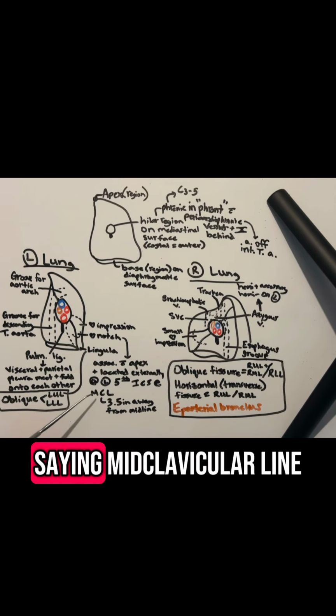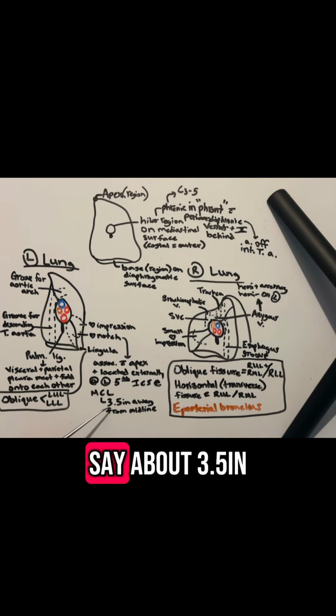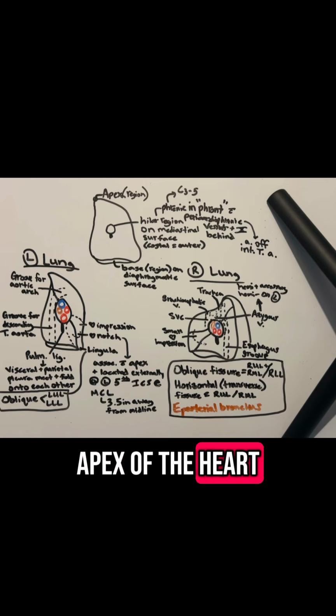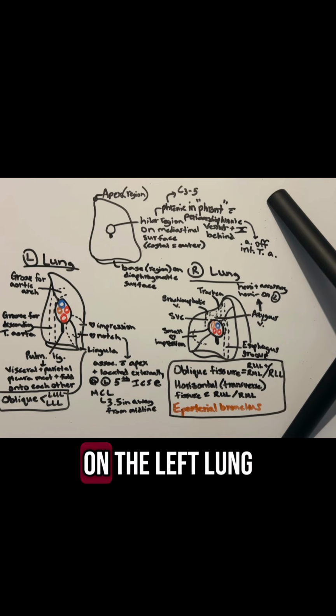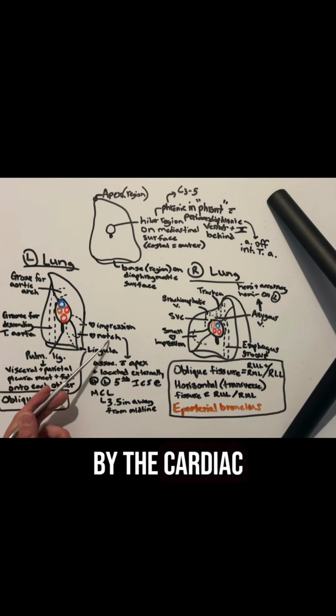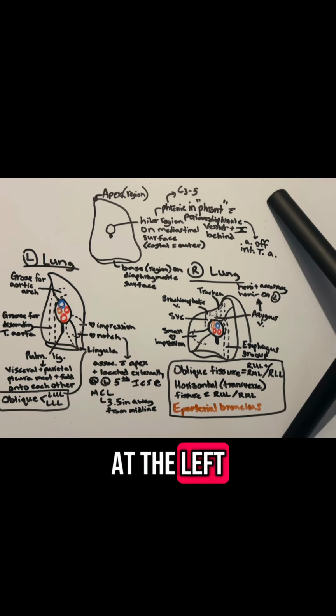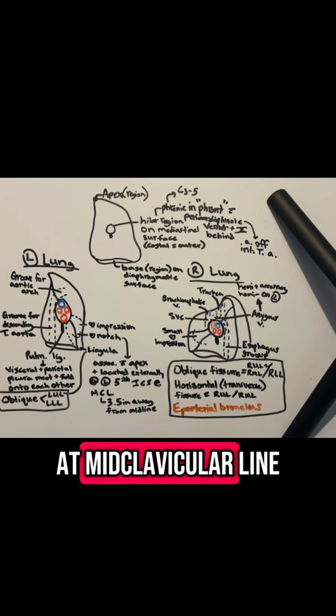Now, aside from saying midclavicular line, we can also say about 3.5 inches away from midline. So the cardiac apex, or the apex of the heart, which is represented on the left lung by the cardiac notch, is located externally on the body at the left fifth intercostal space at midclavicular line.